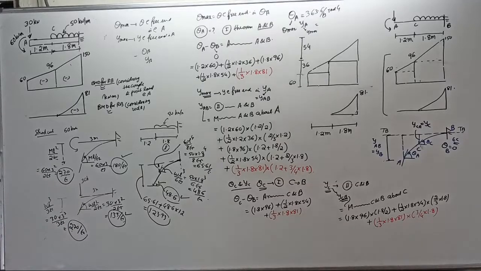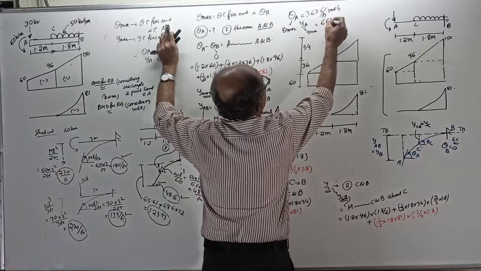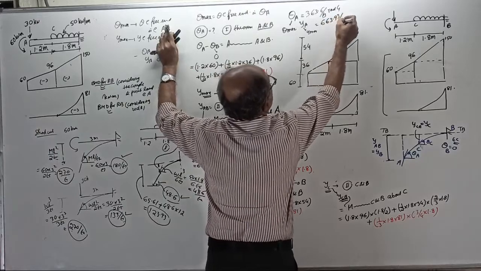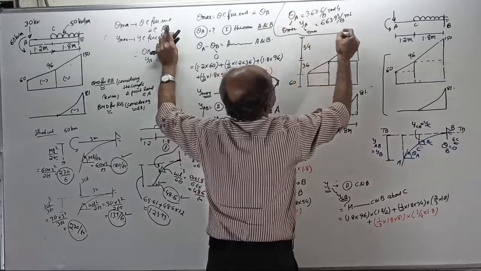How much? 663.93 by EI meter down. This is the answer we are getting by the shortcut method.